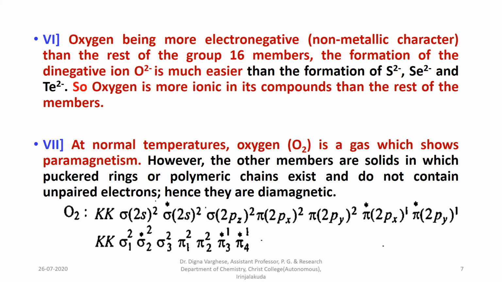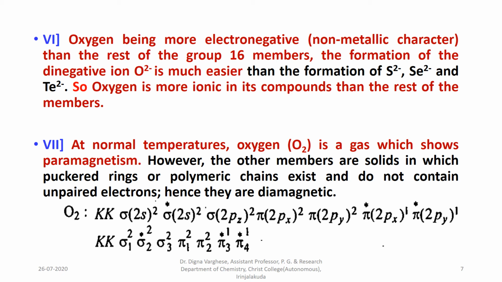At normal temperature, oxygen is a gas which shows paramagnetism. However, the other members are solids in which puckered rings or polymeric chains exist and do not contain unpaired electrons, hence they are diamagnetic. Paramagnetism shows only if there is an unpaired electron.